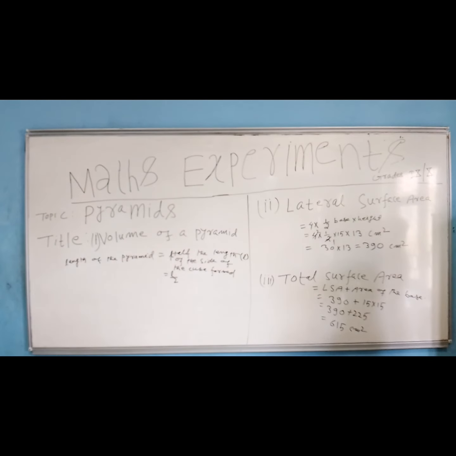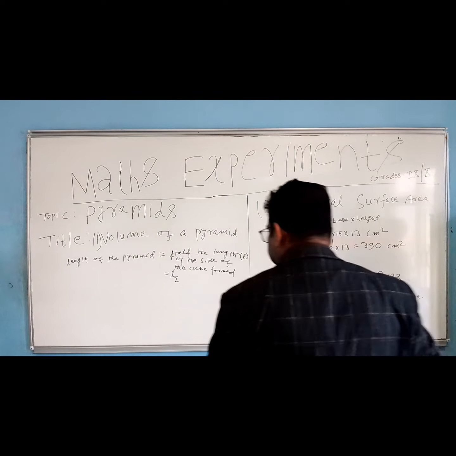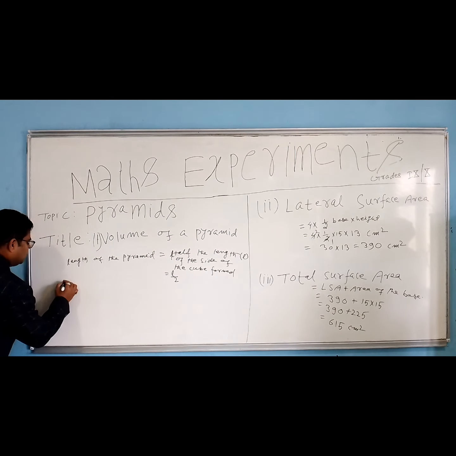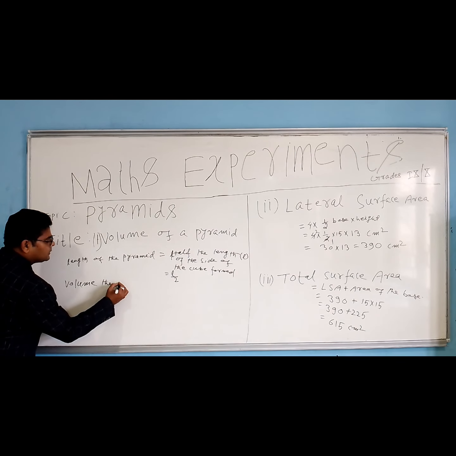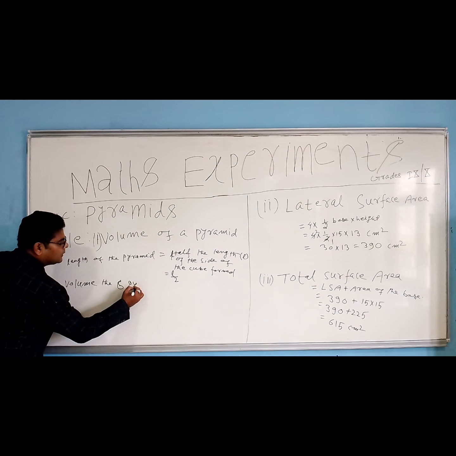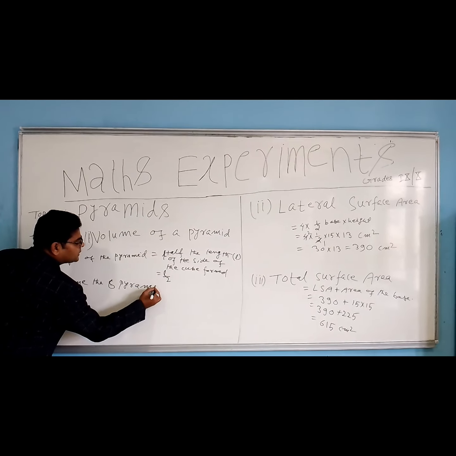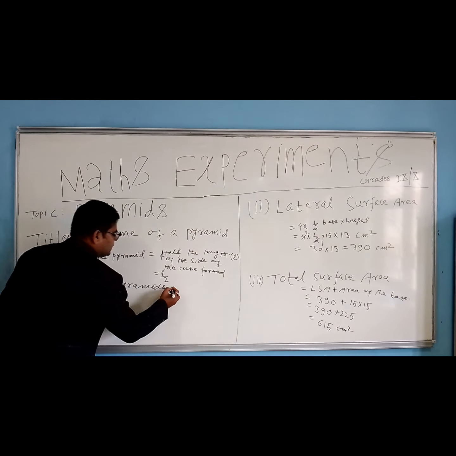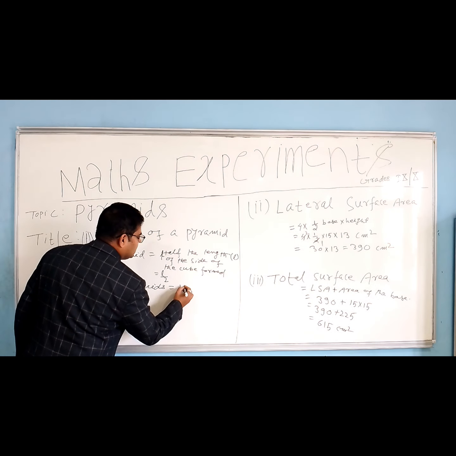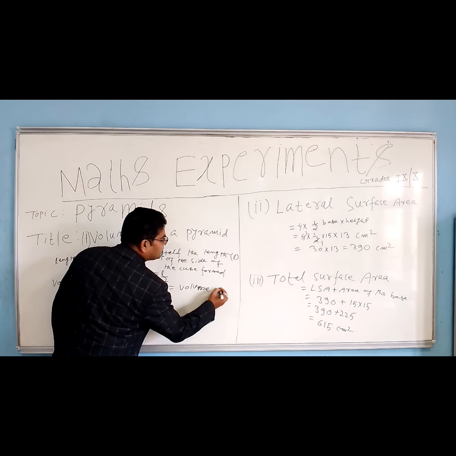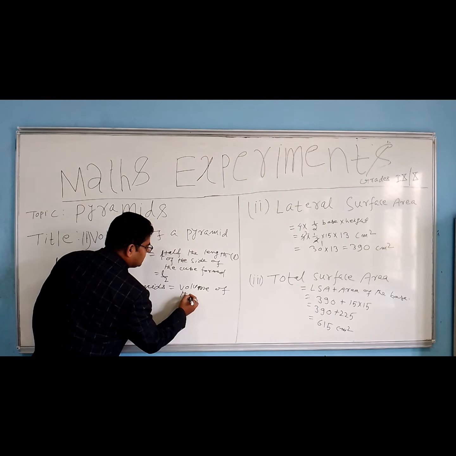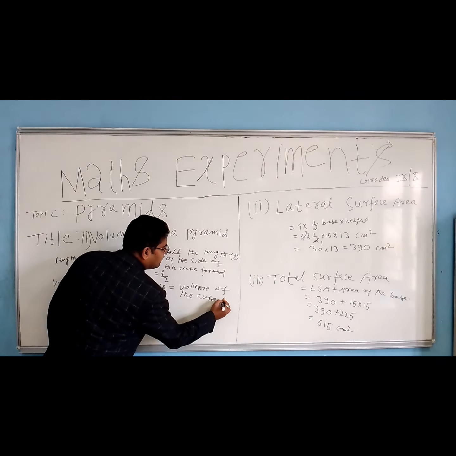So this way, what you can write here, volume of the six pyramids equals volume of the cube formed.